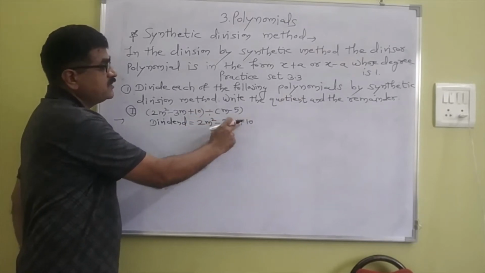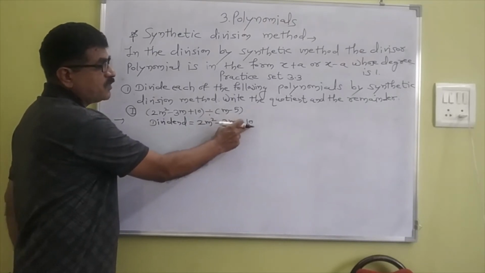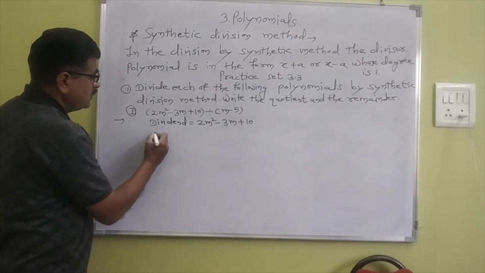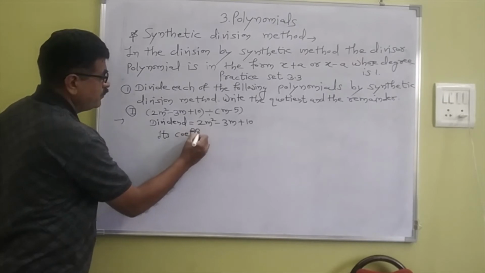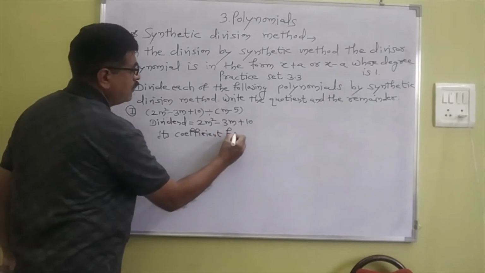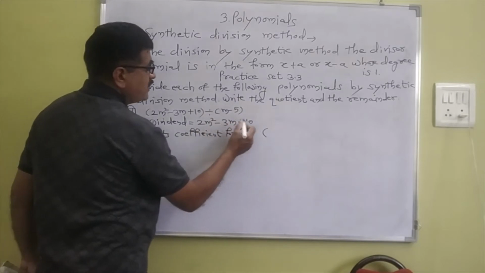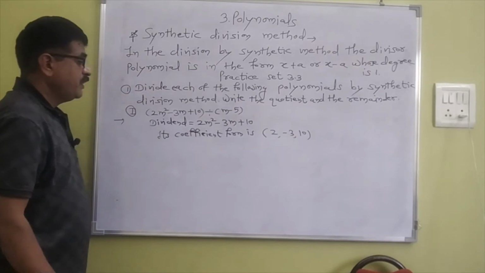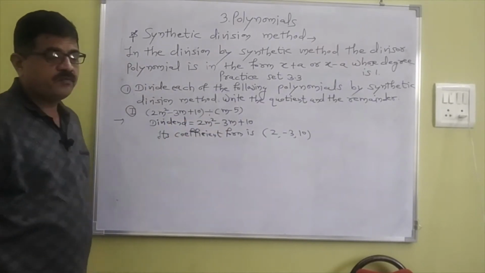Therefore this contains 3 terms. This is in standard form: m square, m, constant term. Therefore write down its coefficient form: 2, minus 3, 10. First we write the dividend in its coefficient form.